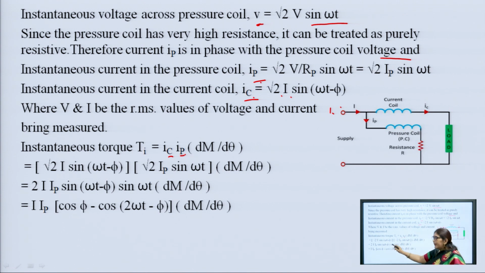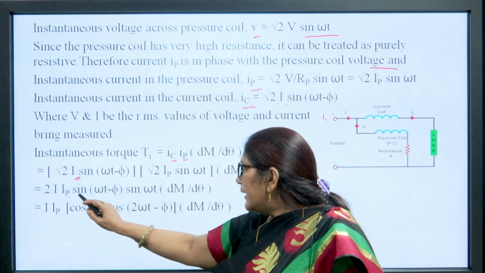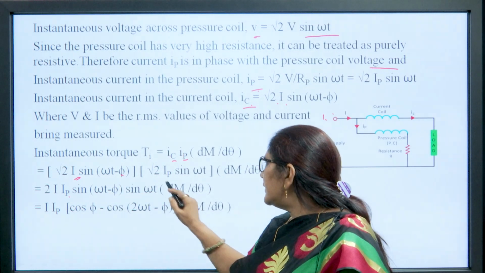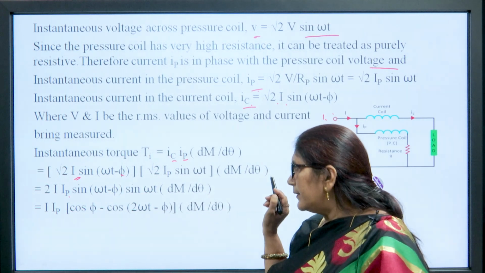So, when we multiply root 2, it is 2 I IP. Here in place of IC I have placed I, because IC is approximately equivalent to I, since there is very little current in the pressure coil. So, I IP sin omega t minus phi sin omega t dM by d theta.